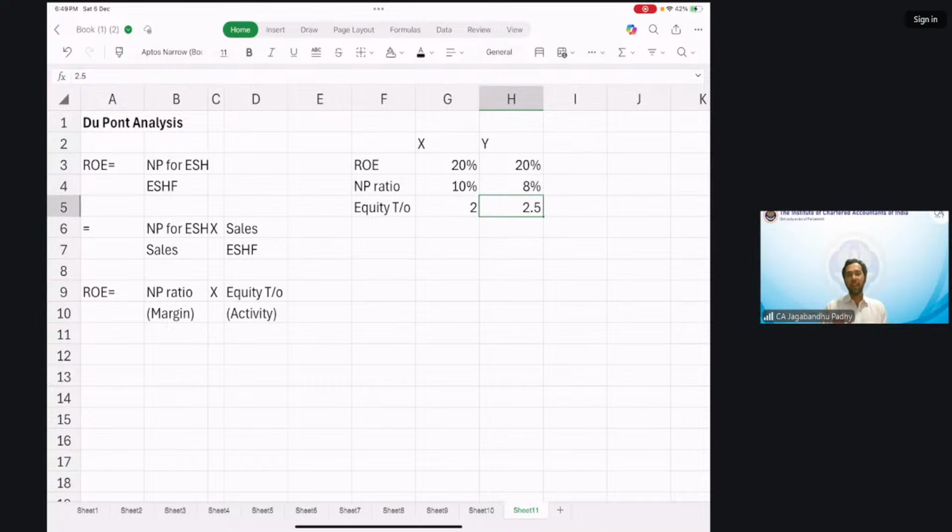With regards to the profit margin, which company is having a strength? Which company is strong as far as the net profit margin is concerned, guys?